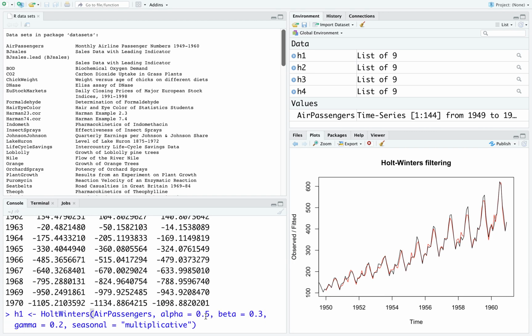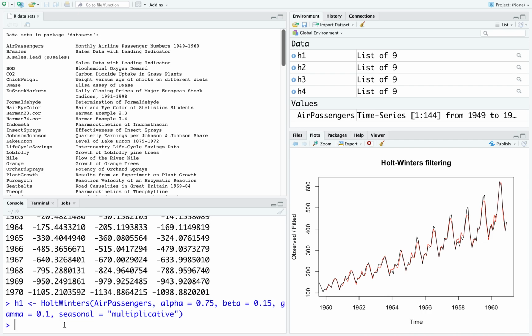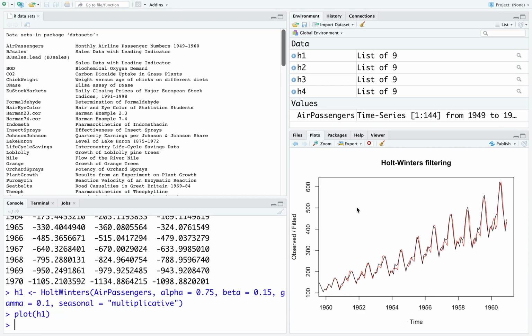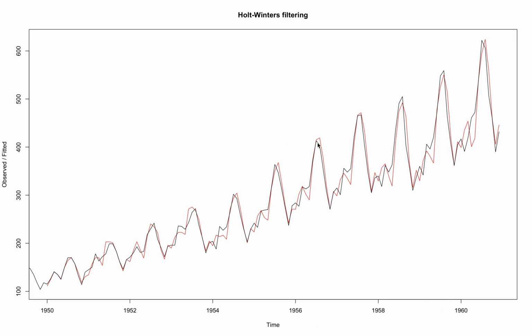Now, instead of 0.5, suppose I make this 0.75, 75% for the actual data, and then beta will be 0.15, and then gamma is 0.1 or something like this. You will get a model, right. So, if you plot it, right, this also looks reasonably okay, some of the peaks are off, right.